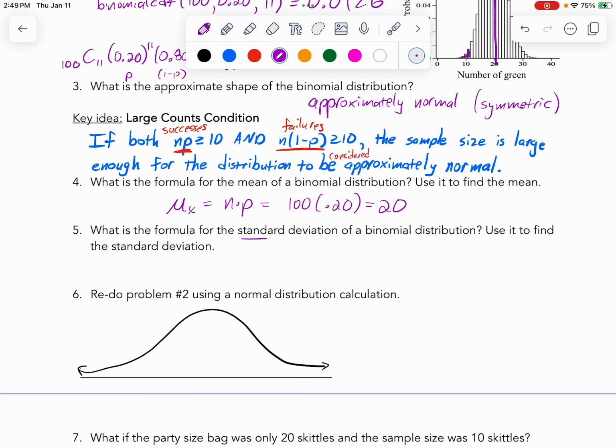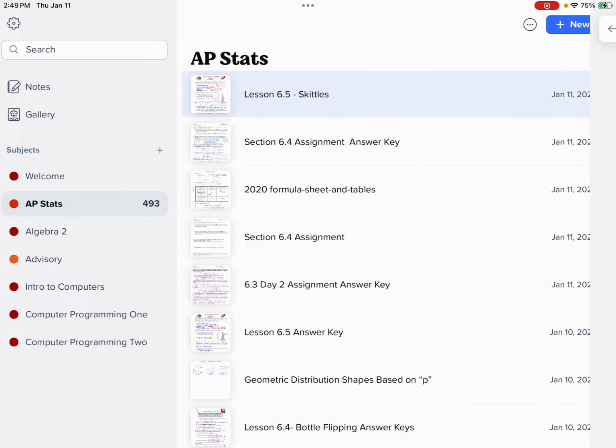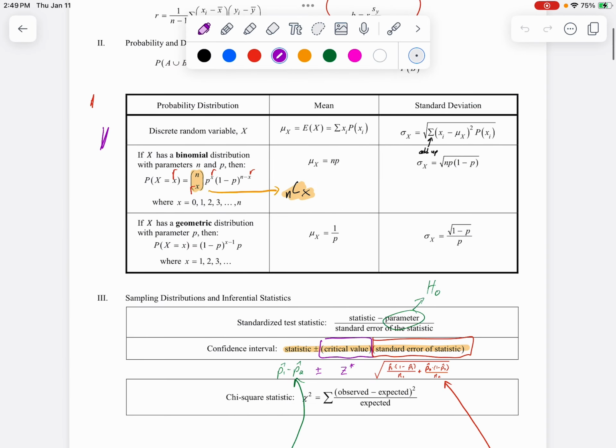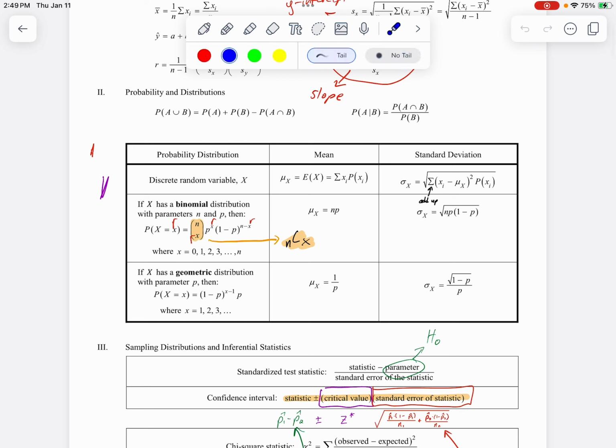The formula for standard deviation is the square root of n times p times 1 minus p. Just a quick reminder, it's in your formula sheet right here and right here because it's binomial.